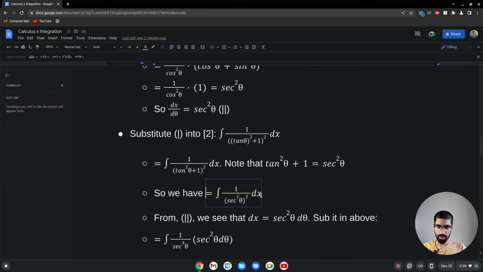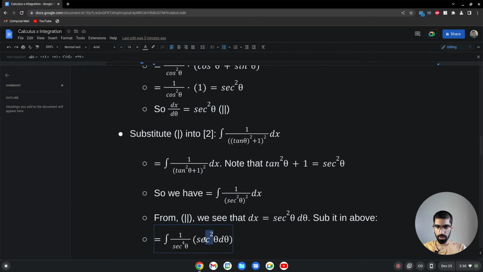Anyways, when we have this thing here, we achieved our goal. Now we no longer have two terms, we have one term. And so we can even simplify secant squared of theta squared. Well, that's just secant to the 4 theta. We also substitute in for dx here, right?